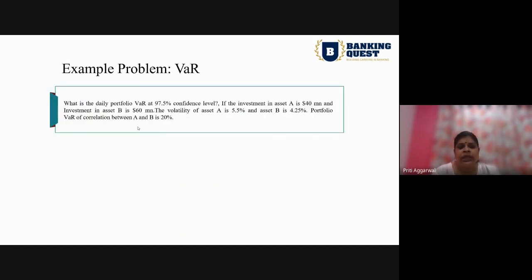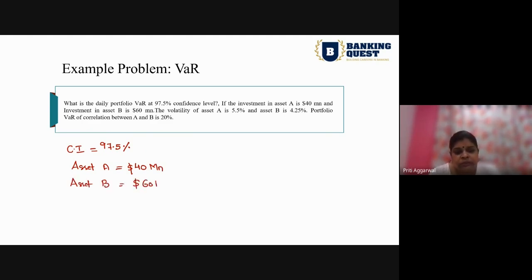So here is another example I have taken. Here the daily portfolio VAR at 97.5% is what I need to calculate. So your confidence interval is 97.5. Investment in asset A, I am doing an investment of $40 million, and investment in asset B is $60 million.